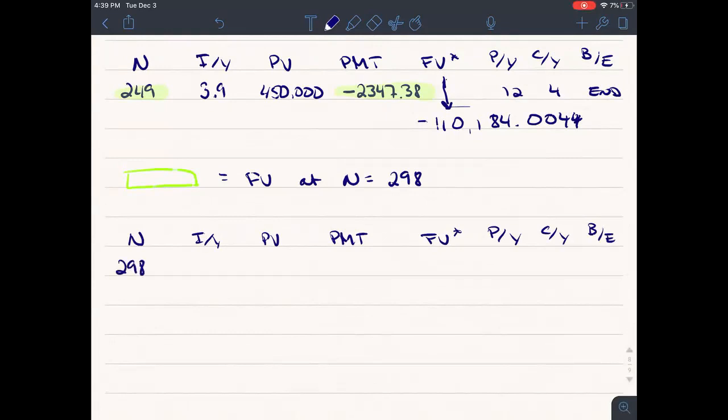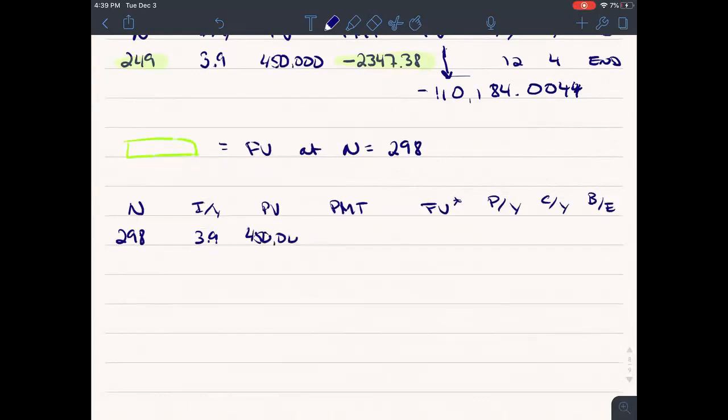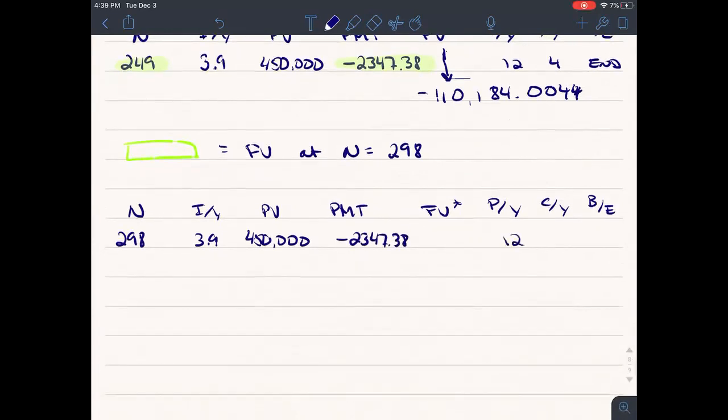So N is 298, 3.9, 450,000, negative 2347.38. Solving for the future value, 12, 4, and end. Highlighting that the 298 is the only thing that's changed, so that's the only thing I need to update here before I can compute the future value.